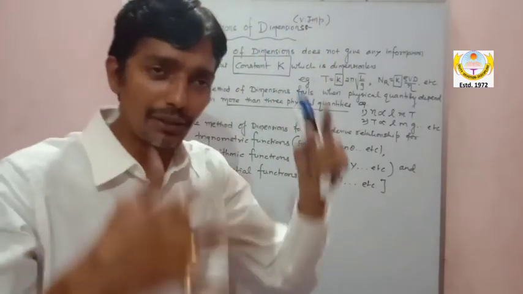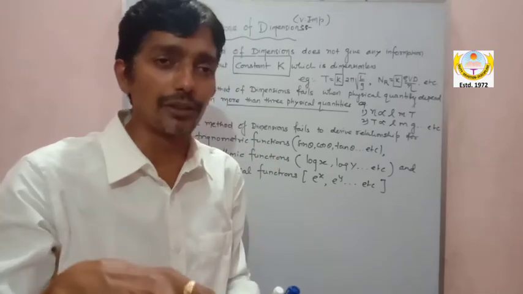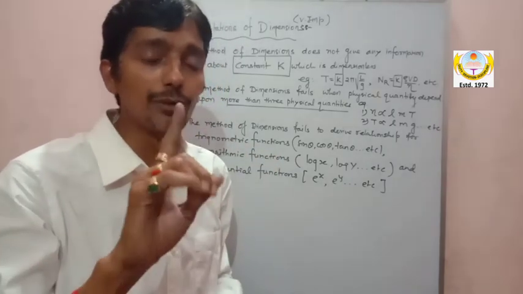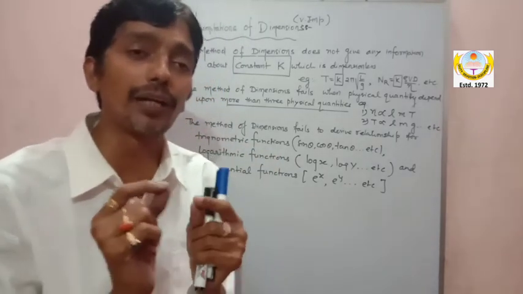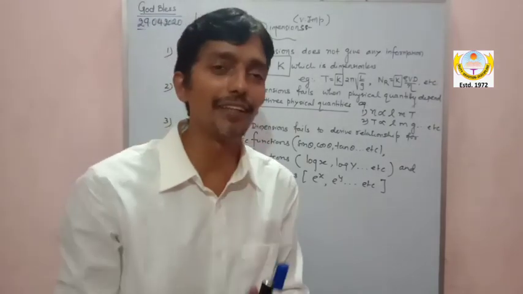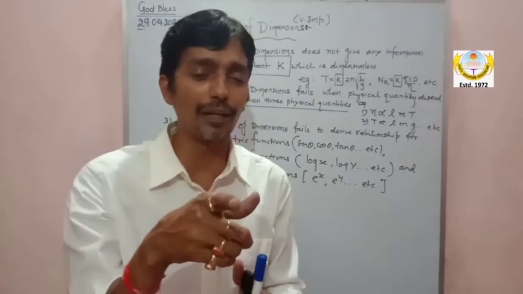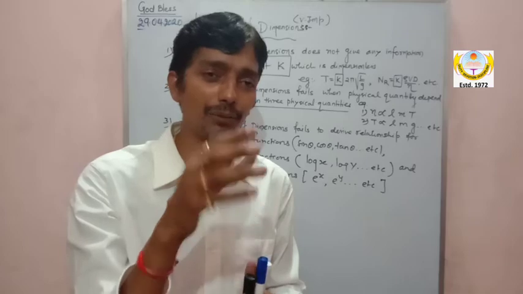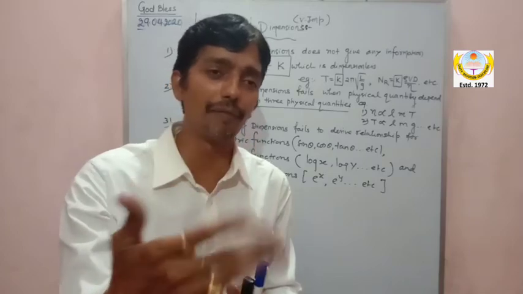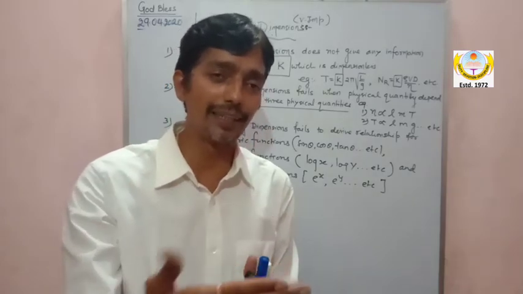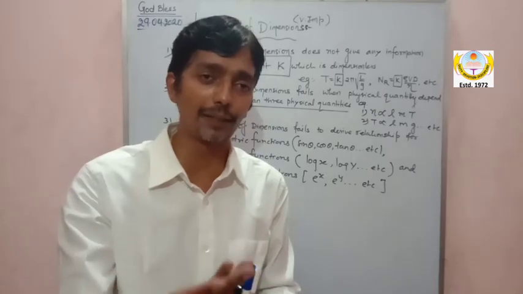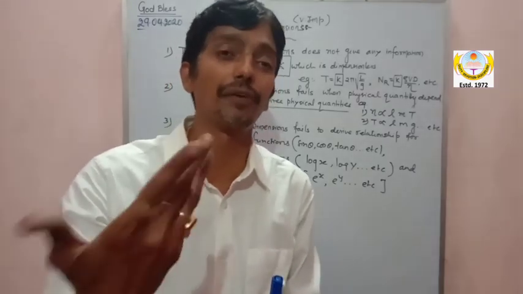In the method of dimensions, for solving all these questions, you must remember there is no information given about how to calculate the constant k. If you remember, in my topics I used to tell you that this k can be different in different dependencies, in different physical quantities, in different experiments.